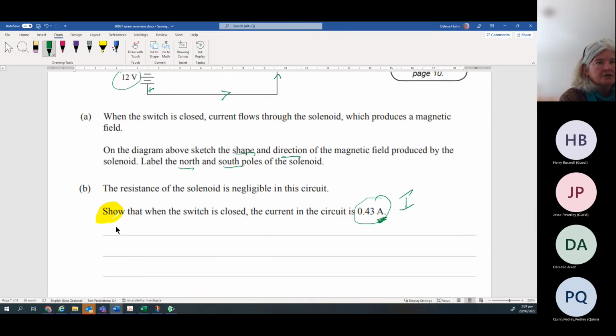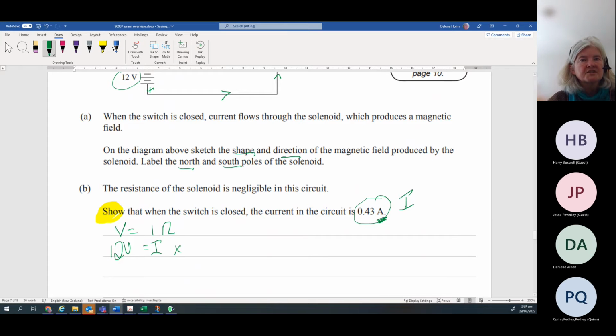I've got V is equal to IR. I know what this is, V, because it's 12 volts. I is what I've got to calculate, so I'm going to leave it as I, times.